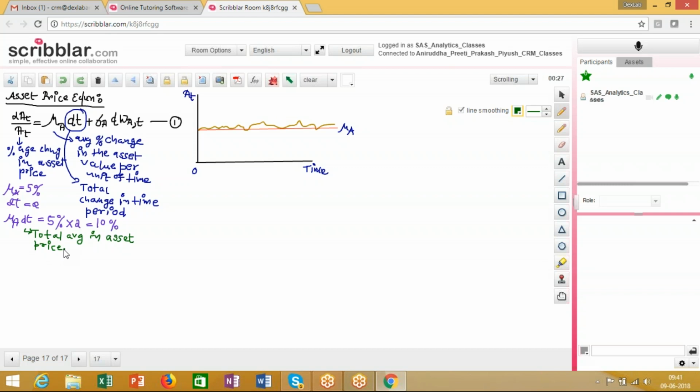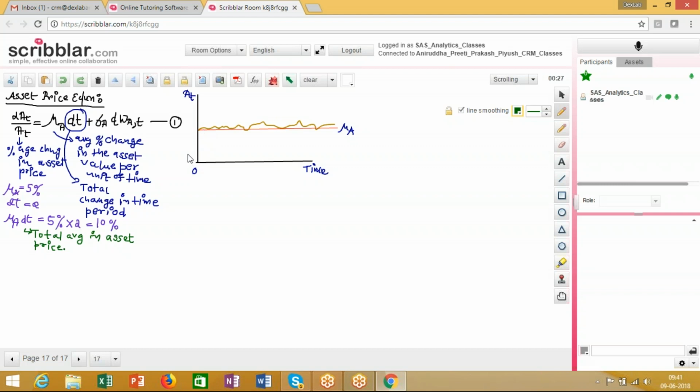So over here, what we say is that the total change in the asset price is, first of all, driven by the average change in the asset price, right? So that's the first thing. Now we observe that this is the average value or the average change, right?